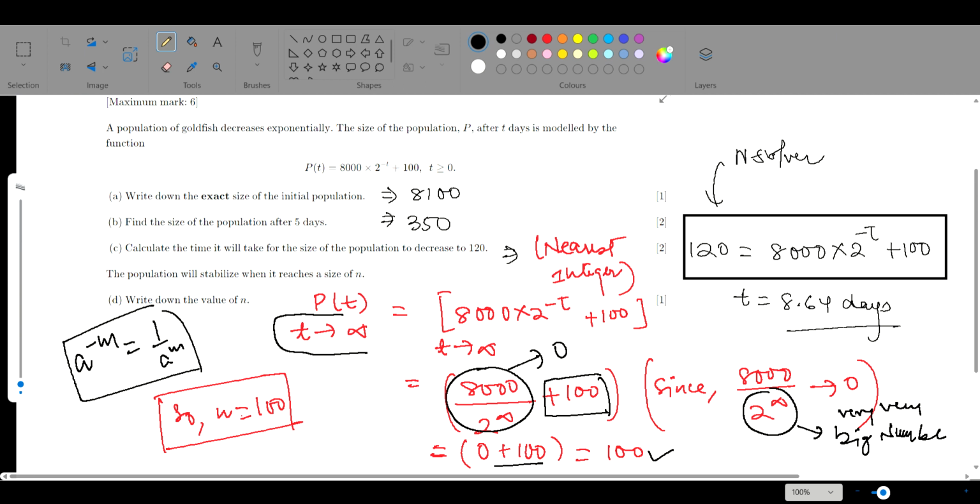Just write in a calculator 8000 divided by 2 power, let's say, 9999999.